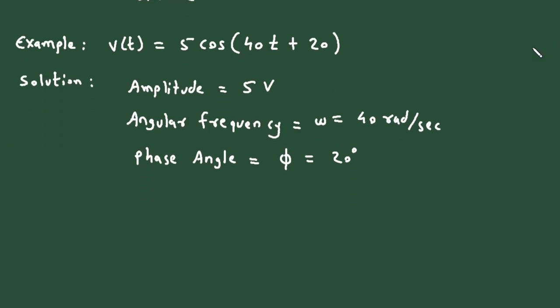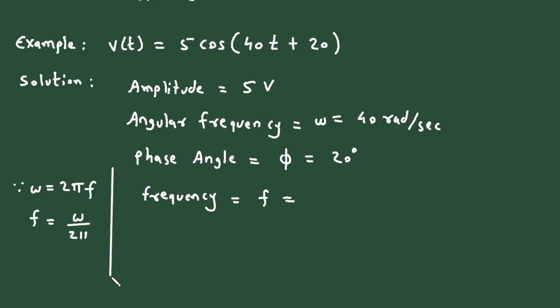Now from these values we can also find frequency f, and we know that omega is equal to 2 pi f, so therefore f is equal to omega divided by 2 pi.